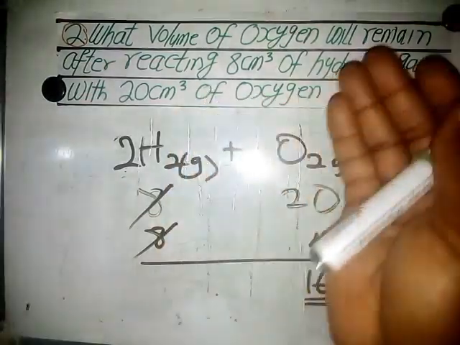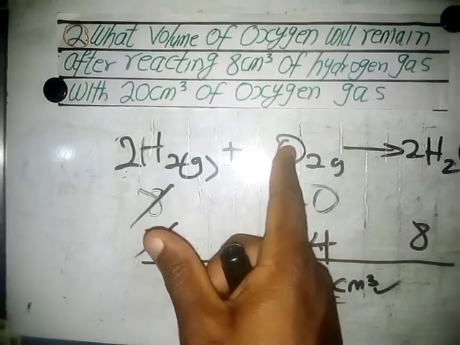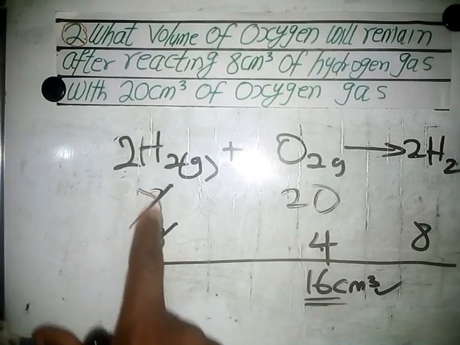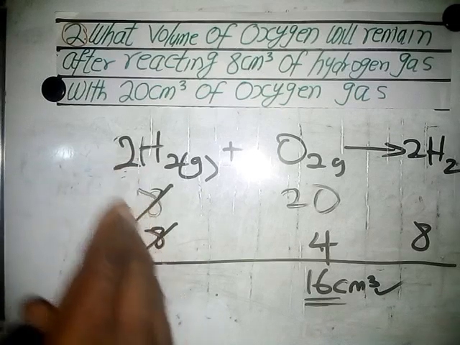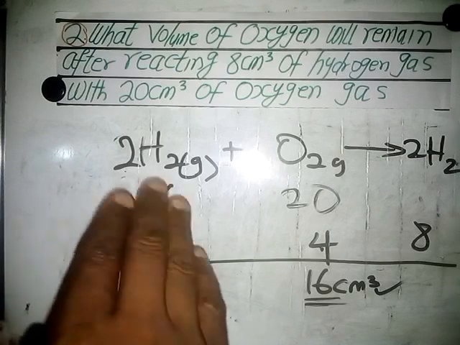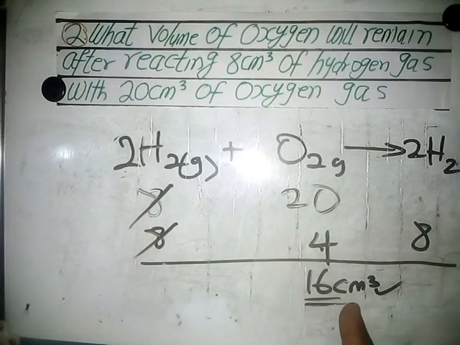If they said, which gas is in excess, which of the reactants is in excess, your answer would have been oxygen. Why? Because 16 remains. Unlike this one, everything was used up. This one that was used up is the limiting gas. Why this one, the one that is in excess?